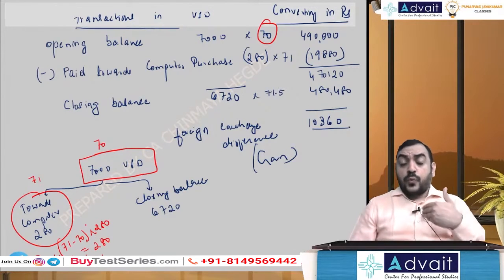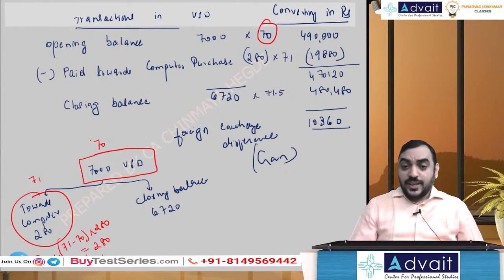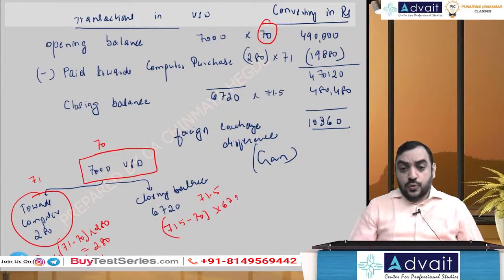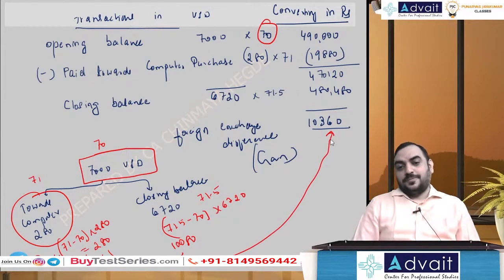Similarly, when you valued the opening balance, it was 70. Closing balance became 71.5. So what is the exchange difference? 71.5 minus 70, which means a 1.5 rupee gain for 6720. So 71.5 minus 70 into 6720 is 10,080. Now you add these two numbers, 10,080 plus 280, you will get 10,360.